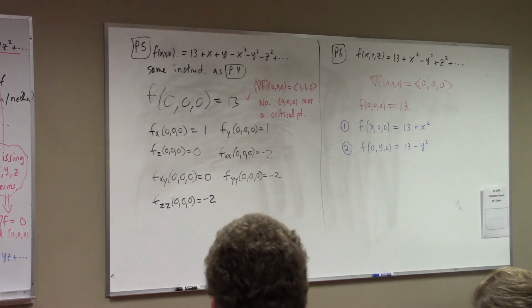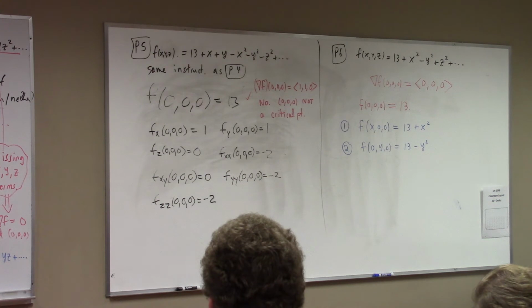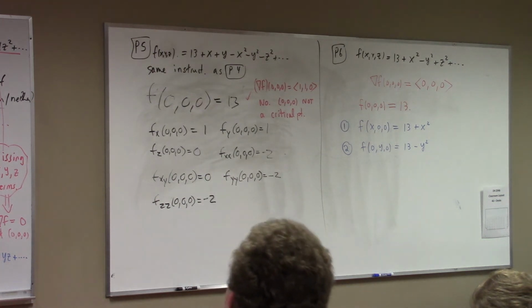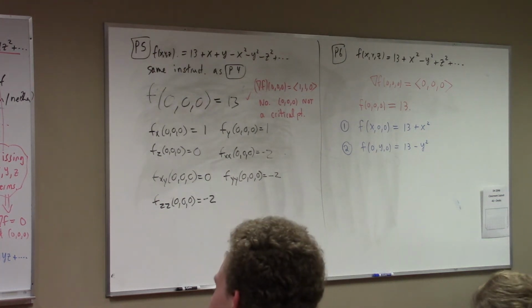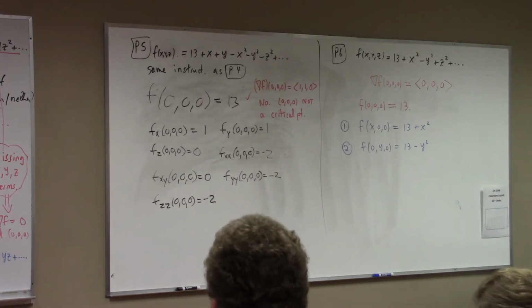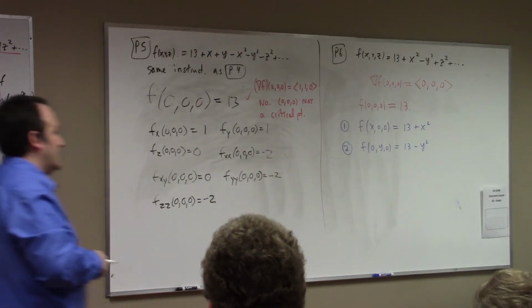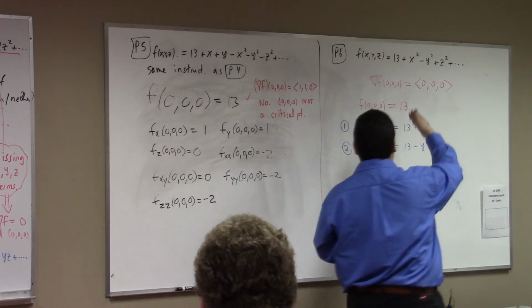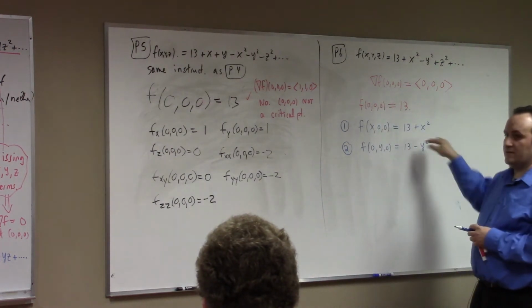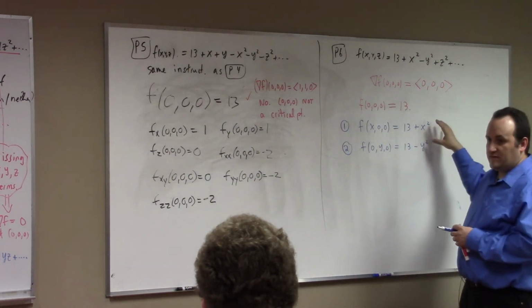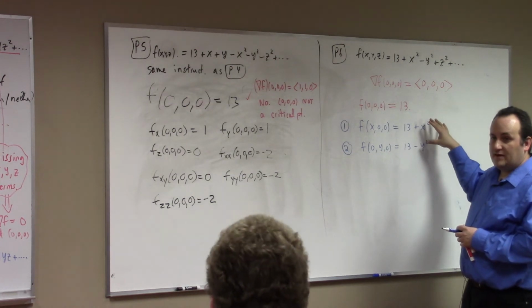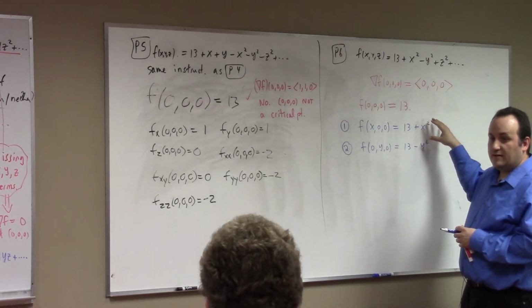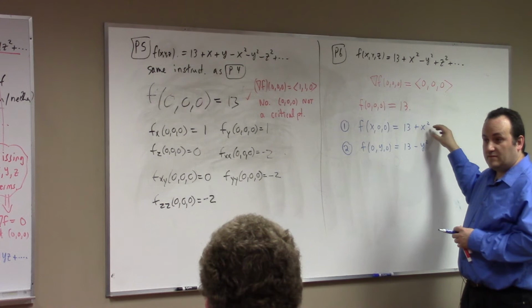But if I fix x and z and just change the y direction, I decrease the values of the function. It's like a parabola that opens up in the x direction and a parabola that opens down in the y direction. This is what's called a saddle point, because it increases in one direction away from the critical point but decreases in the other direction.